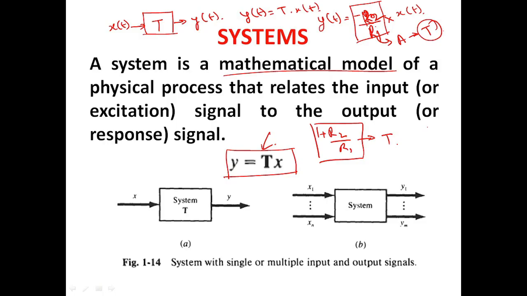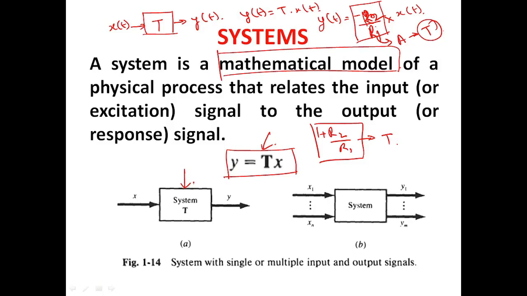The main thing we want to say is: what is a system? A system is nothing but a mathematical model. For the non-inverting amplifier, it is 1 plus R2 by R1; for the inverting amplifier, it is minus R2 by R1.